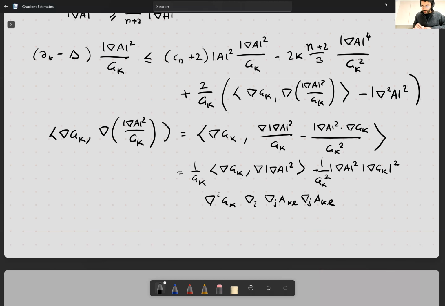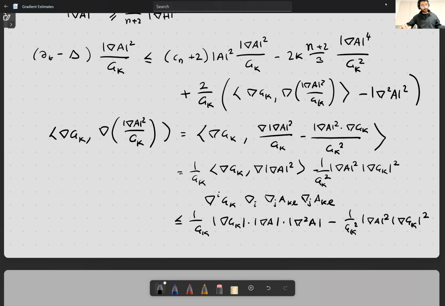Just with this term, I can use Cauchy-Schwarz to give me this. So I get 1 on GK times nabla GK times nabla A times the Hessian of A, minus 1 on GK squared, nabla A squared, nabla GK squared.